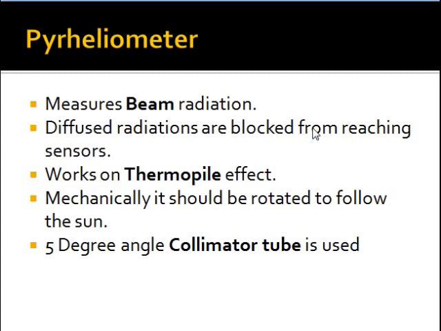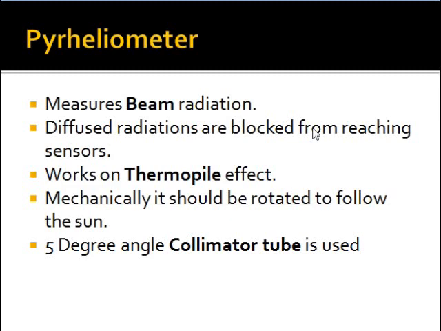It actually works on the thermopile effect, and it has a long tube. At the bottom of the tube there is a sensor, and the axis of this long tube should always be parallel with the solar radiation which comes towards it.